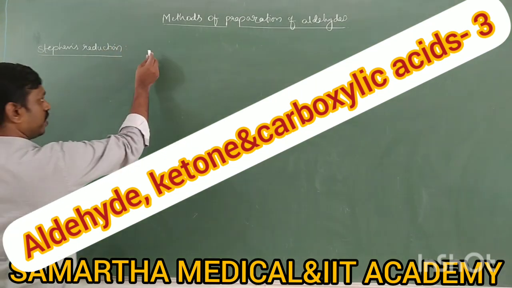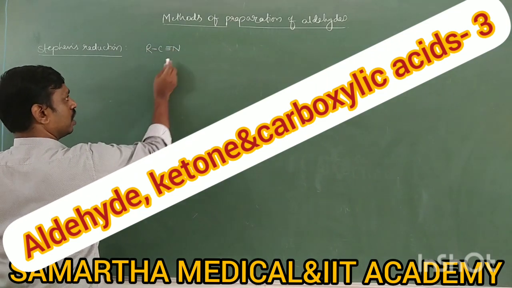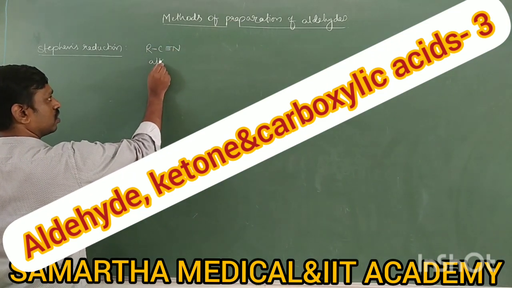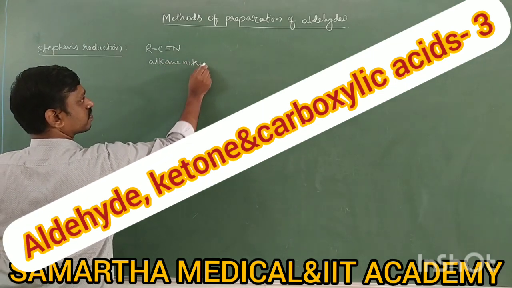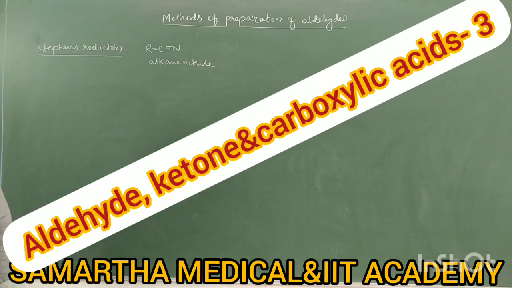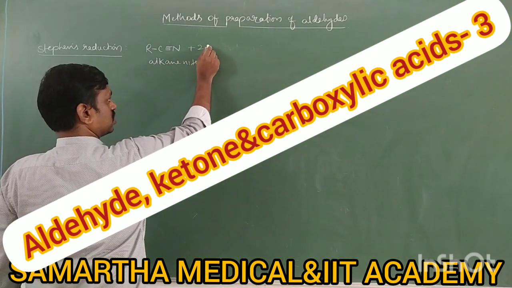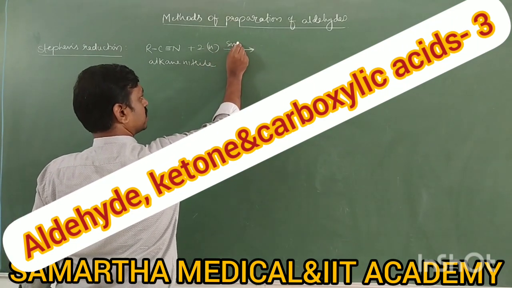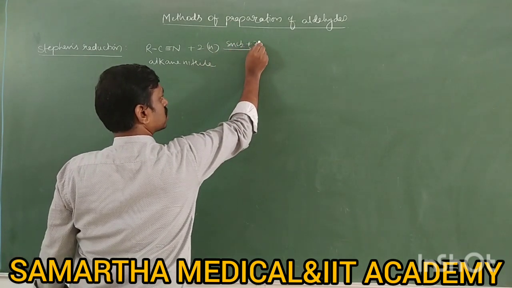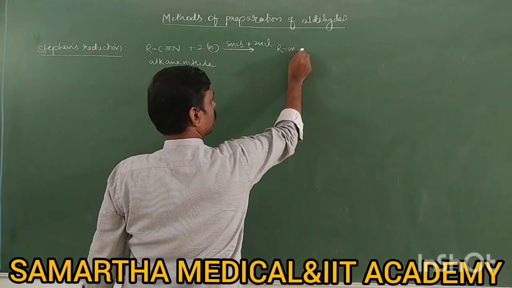In this reaction, alkyl cyanide, or C triple bond N, also called alkane nitrile, undergoes reduction in the presence of stannous chloride and hydrochloric acid, SnCl2 plus HCl, which gives rise to iminohydrochloride.